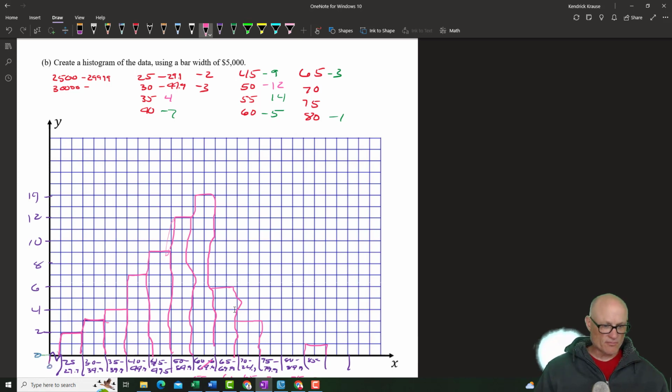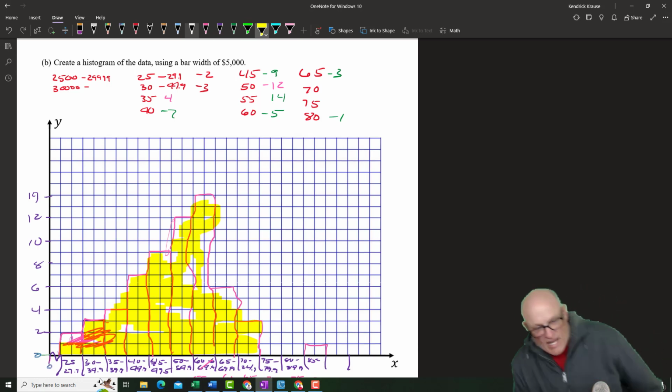All right, so I can't really shade. Let me try shading with one of these. You don't have to shade unless you're bored. Make sure your graph does not look like this.